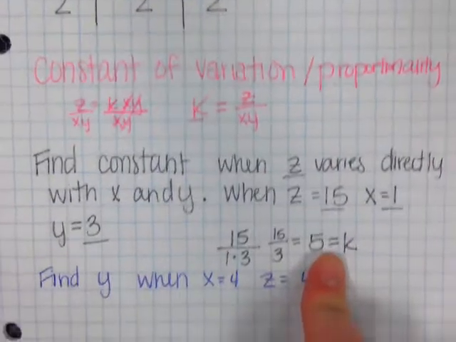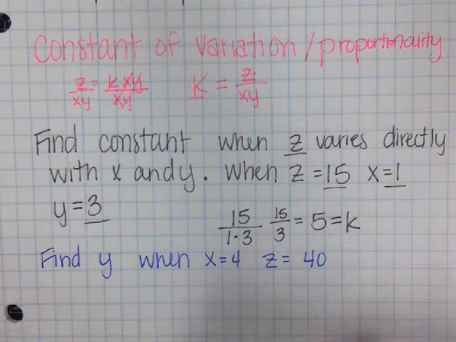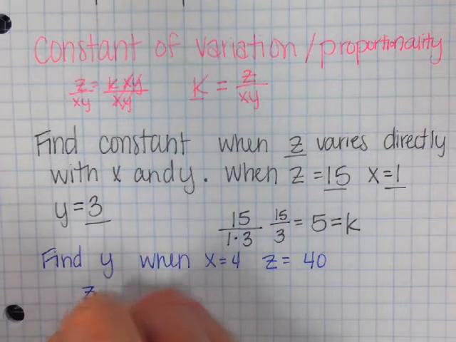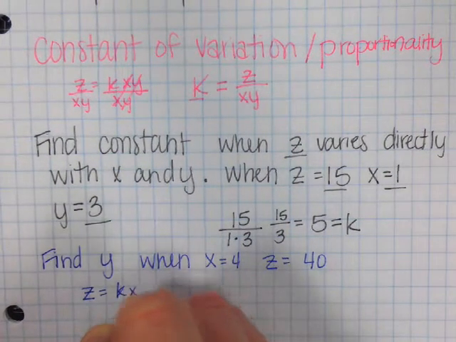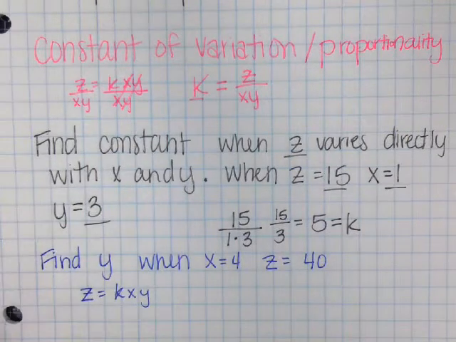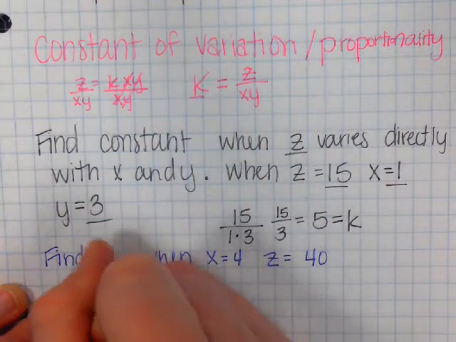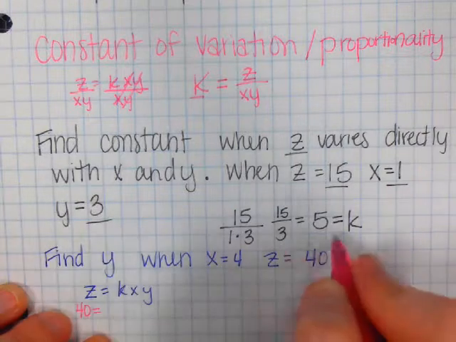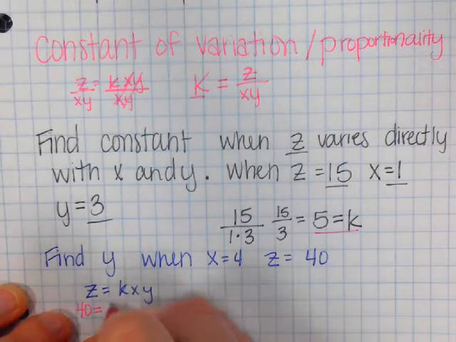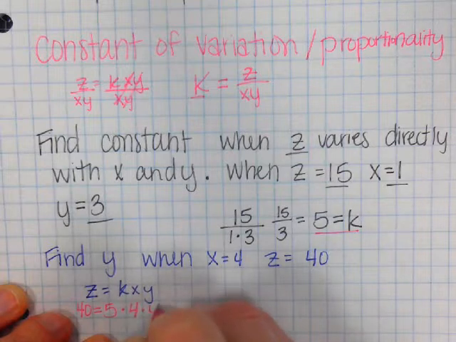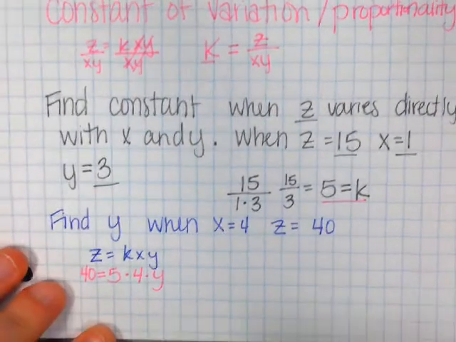We already found our constant, so we know our k value is 5. So I'm going to just set it up with the z equals. So z equals kxy, and plug in what I know. So I know z equals 40, so it would be 40 equals, our constant is 5, times x, which is 4, times y.